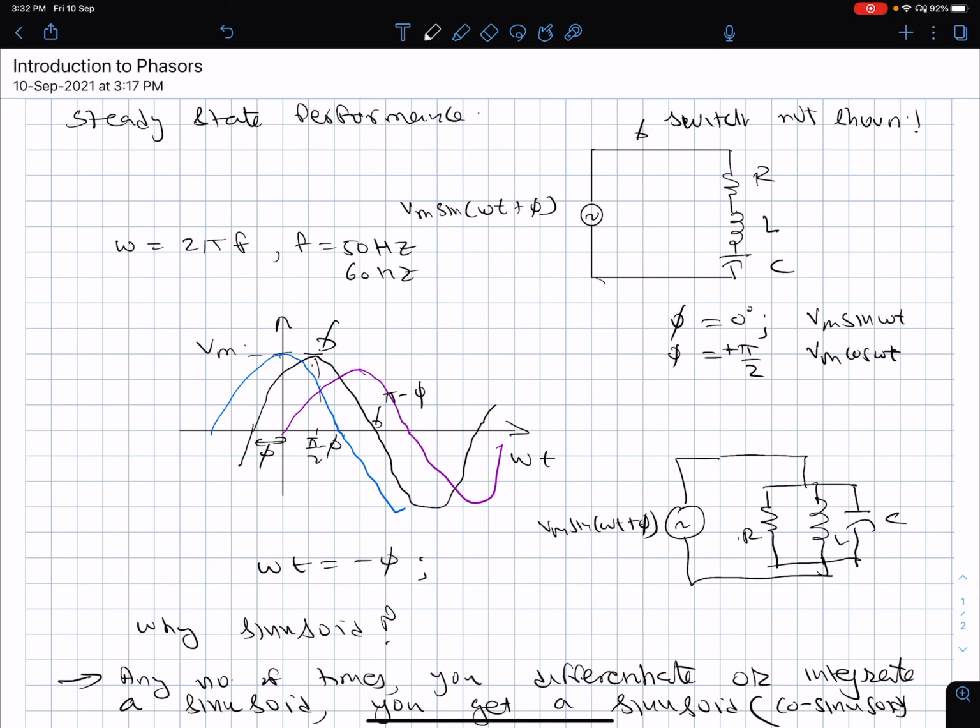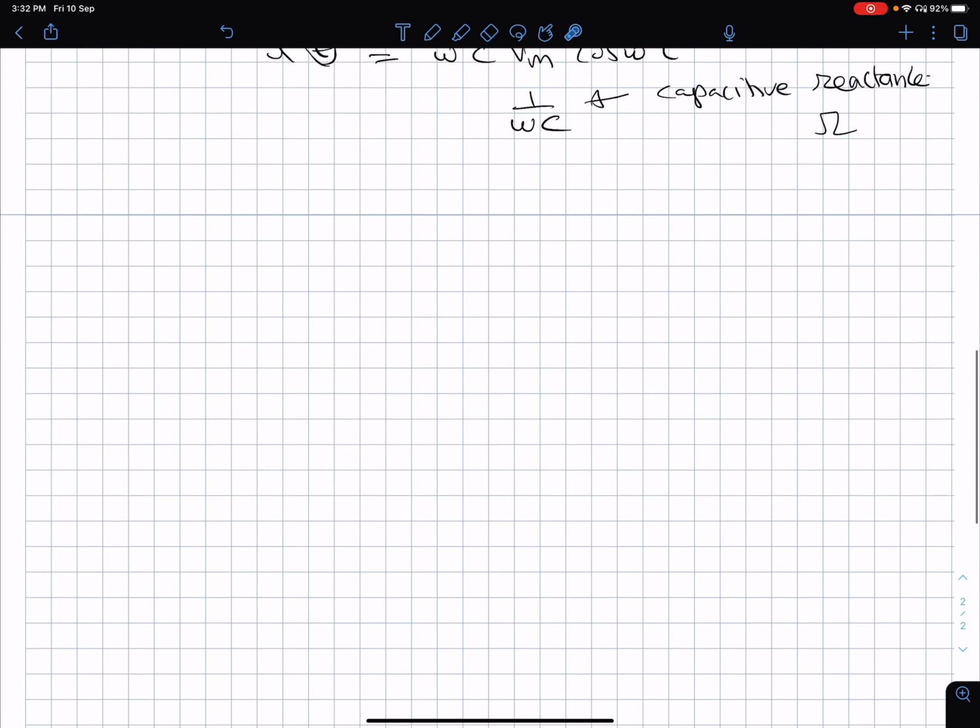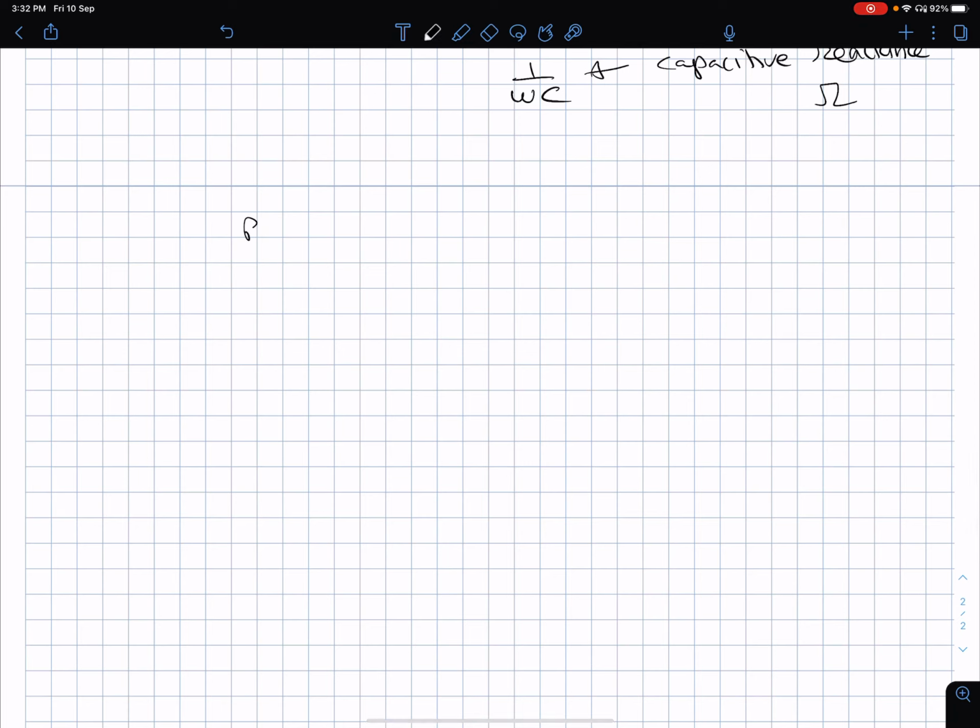In the steady state performance, we can assume that the switch has been closed for a long time, and all the transients have settled down, and we are looking at the steady state performance of the circuit. So just quickly let me write down the differential equation of that circuit. This is equal to v(t).